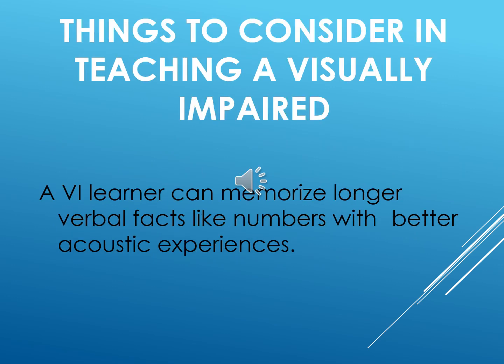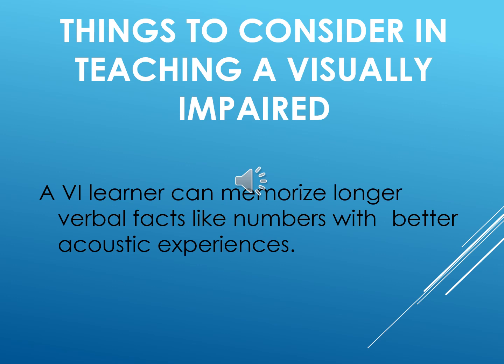At this point, let us move on to the things that we need to consider when teaching a student who is visually impaired. And what you can see on the screen is a glaring fact that we can actually observe, no, in our students who are blind and visually impaired. Most, if not all of them, can really memorize long verbal facts. And in mathematics, we have several concepts and constructs that need to be recalled and need to be remembered.